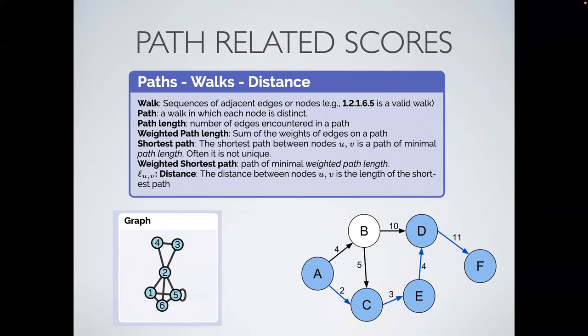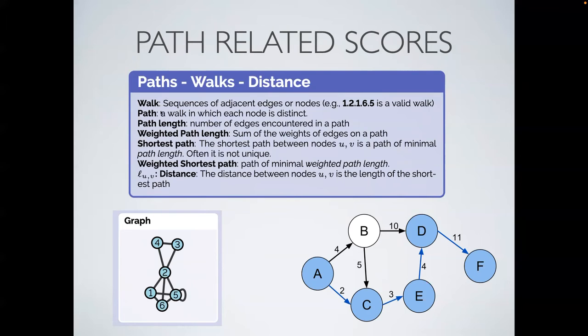So another set of notions are based on the idea of looking at paths and walks and distances in the graph. A walk is basically a sequence of adjacent edges or nodes, where you can repeat nodes, so you can visit, I don't know, A, B, C, or in this one, 4, 3, 2, 4, 2, 1, 2.